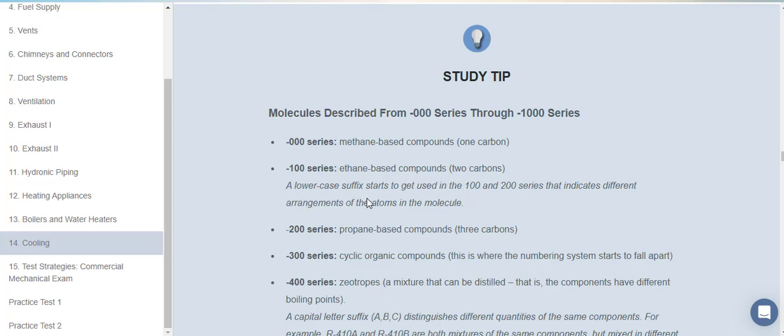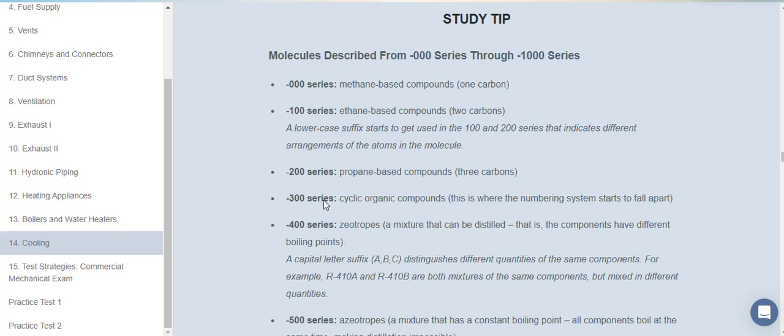A lowercase suffix started to get used in the 100 and 200 series that indicates a different arrangement of the atoms in the molecule. 200 series, propane-based compounds, 3 carbons. 300 series, cyclic organic compounds. This is where the numbering system starts to fall apart.